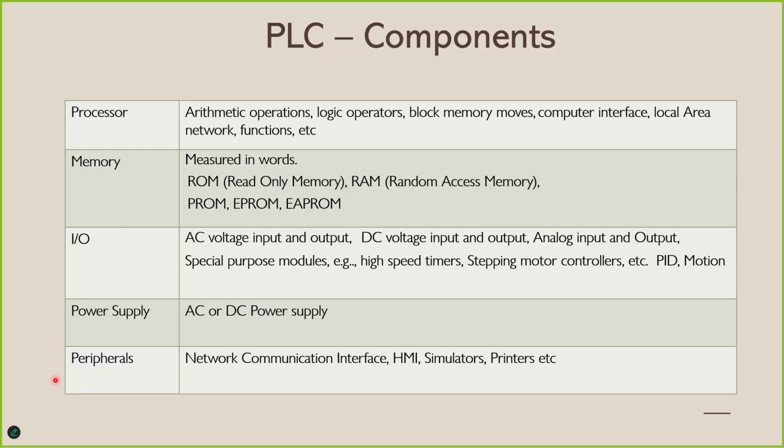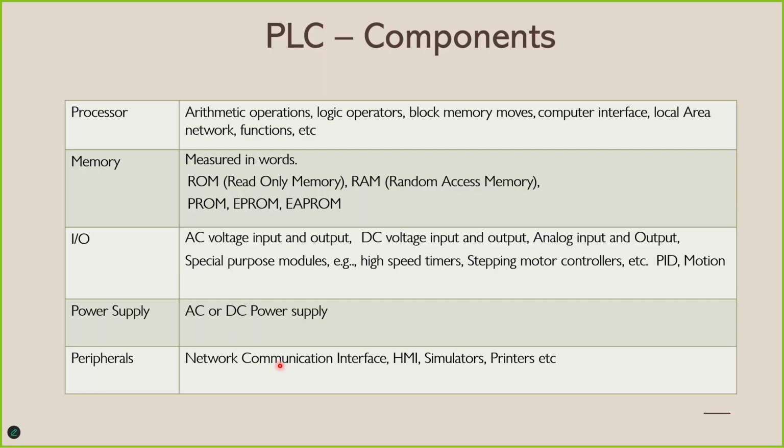Also, we have peripherals on PLC. So peripherals are devices that are, let me say, additions. They are add-ons. So for example, a PLC can have a network communication interface, which means apart from communicating with the PLC via input and output modules, you can also communicate with the PLC via its network communication interface.